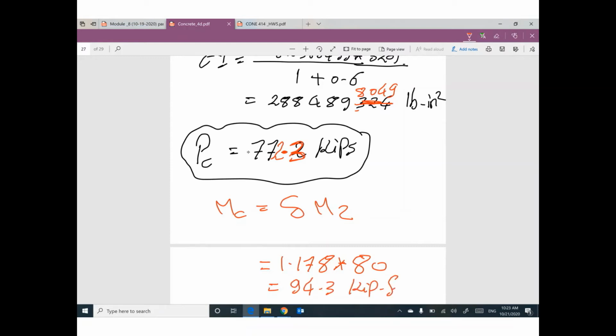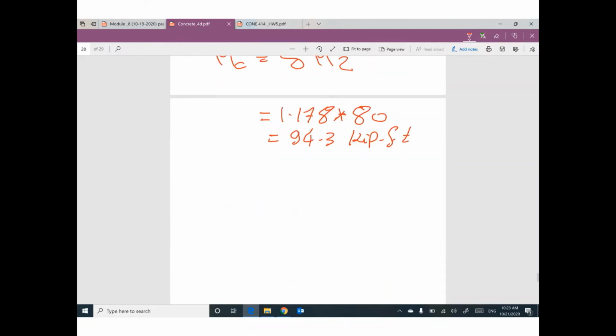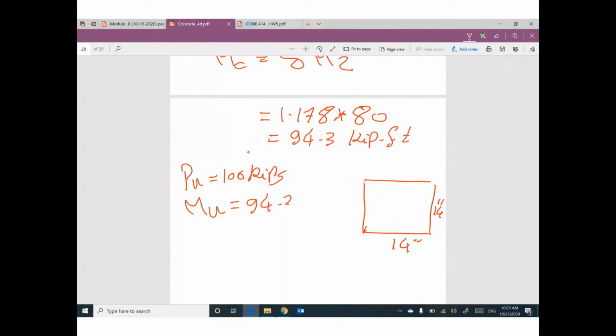So guys, finally, your column 14 times 14 inch under the effect of P ultimate equal 100 kip. The applied moment right now 94.3. Why? The value is 80 because I considered the effect of buckling. Kip foot. We have steps for interaction diagram.